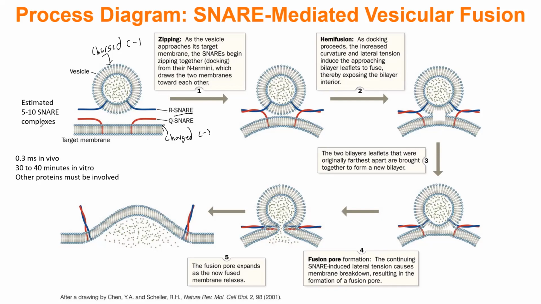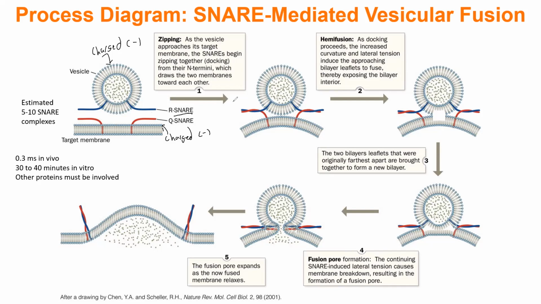There are more SNAREs than what we're showing here, but this is a very simplified picture to get the idea of SNAREs down. When a vesicle and a membrane come close together, these SNAREs start to zip together, winding around each other, becoming tighter and tighter.